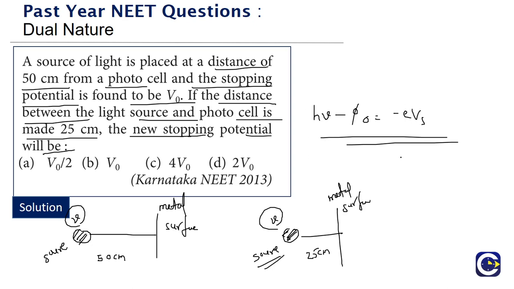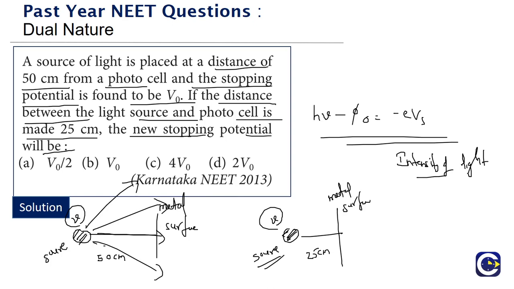What will be changing is only the intensity of the light, because when the source is farther, the photons emitted by the source will spread through a larger area by the time they reach the metal surface. So as a result, fewer photons will come to the surface.